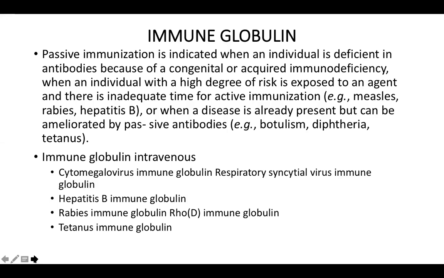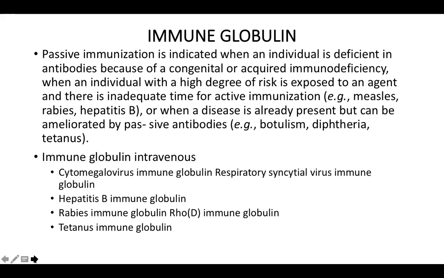Passive immunization is indicated when individuals are deficient in antibodies because the disease has already started. In acquired immunodeficiency, the disease has started, but he does not have the required antibodies. So we have to take antibodies from outside and inject them so that these antibodies will fight against the antigens that have already entered the body. So we need a larger quantity of antibodies.